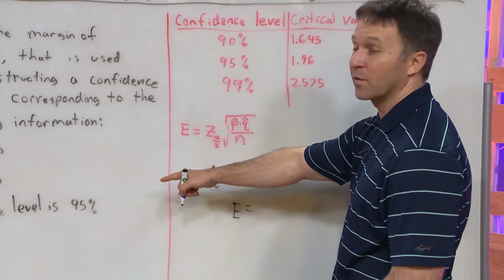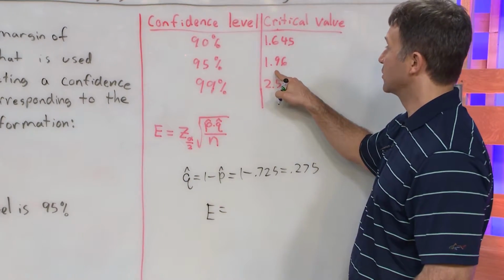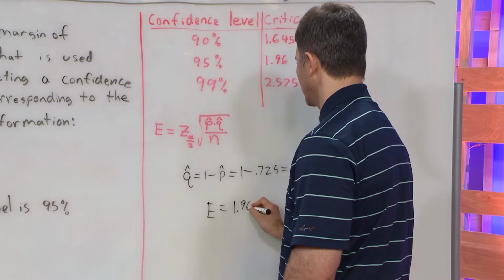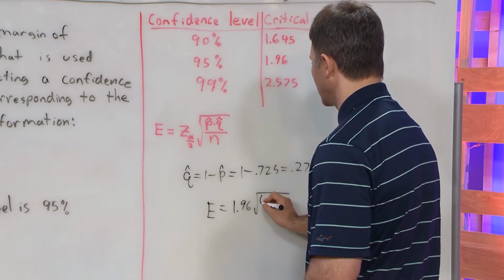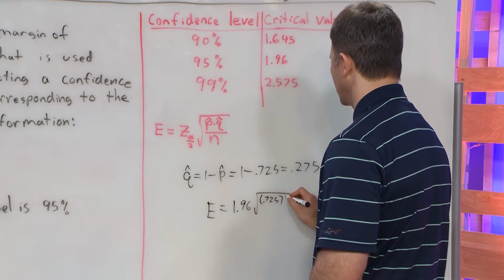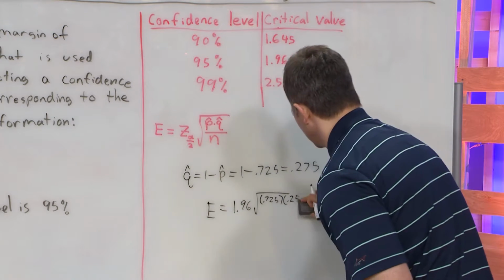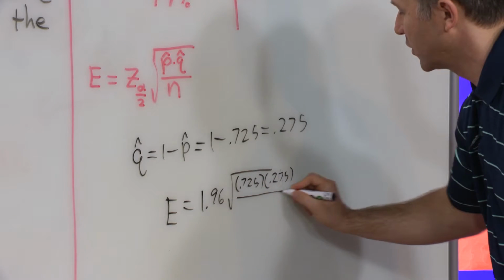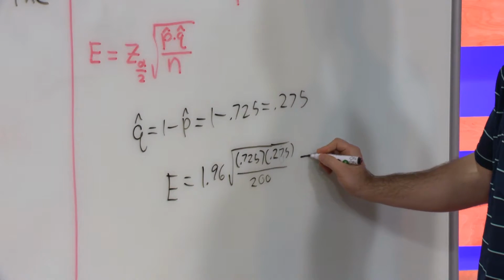Again, for our problem, the confidence level is 95%, so the critical value is 1.96, times the square root of p hat times q hat, so that's 0.725 times 0.275, all over 200. All of that is in the square root.